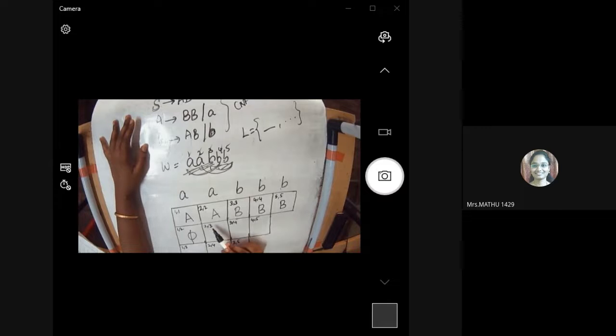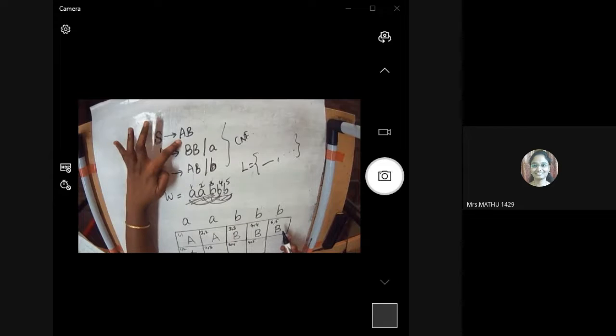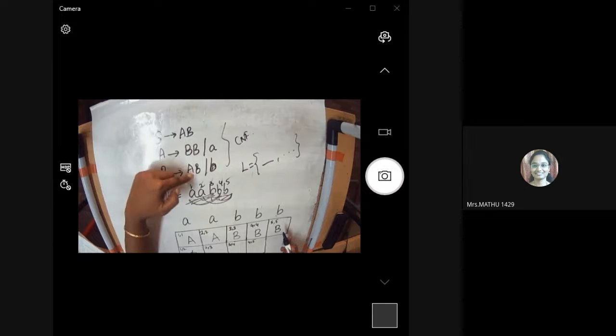Then comes 2, 3. 2, 3 means this and this. The second row you write based on the first row, while the first row you write directly based on the given string. So 2, 3 means AB. Now you check in the production list whether AB is generated by any variable. There are two variables that generate AB: S and B. S generates AB and B also generates AB.